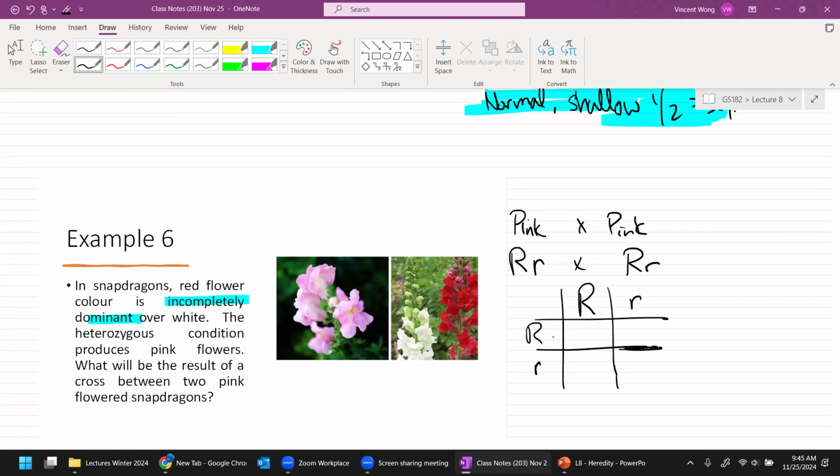Good, right? What percent? What color is that?